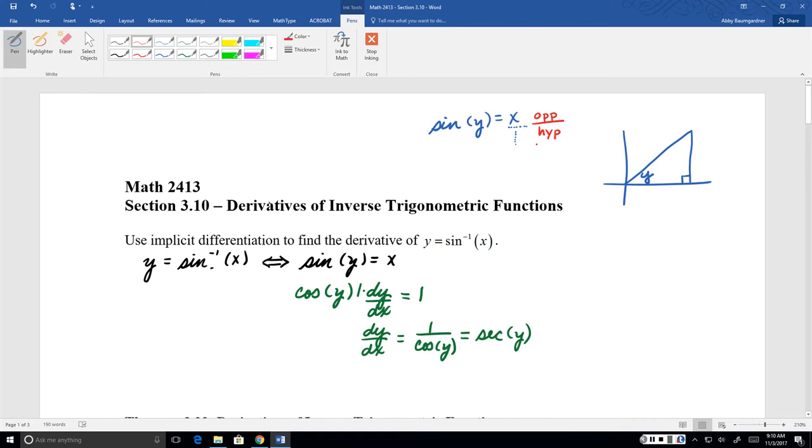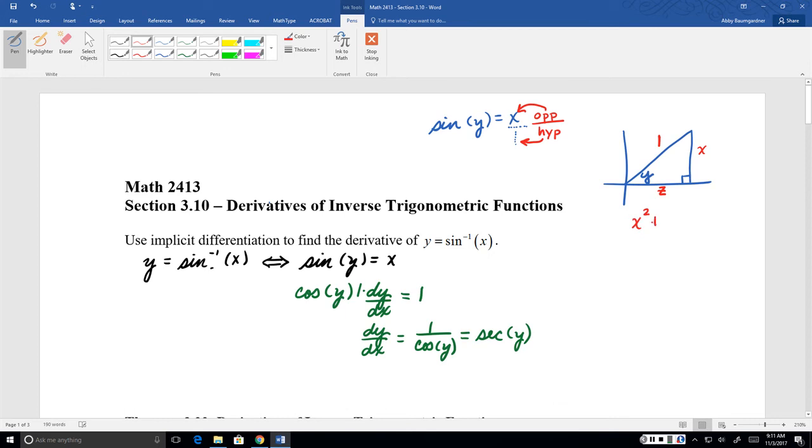So x is the leg that is opposite our y angle, and our hypotenuse is 1. And we don't really know what this leg down here is. We'll call it z.